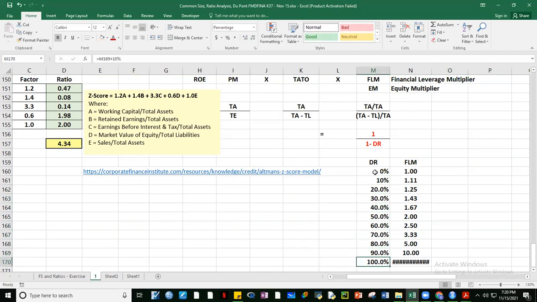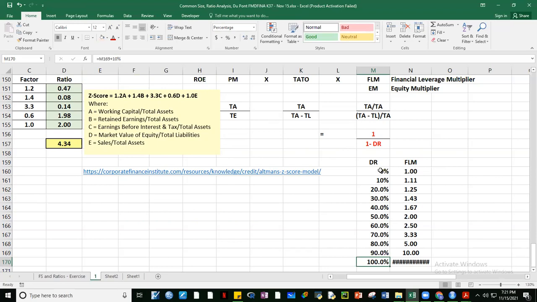Okay, in fact, pag naging 100% kayong debt ratio, magiging infinite to eh. Kasi 1 minus 1, no? So you're now dividing by 1 over 0, no? Okay, so hindi natin pwede makompute yung FLM pag 100% yung debt ratio. So suffice to say is magiging infinite yung FLM natin.